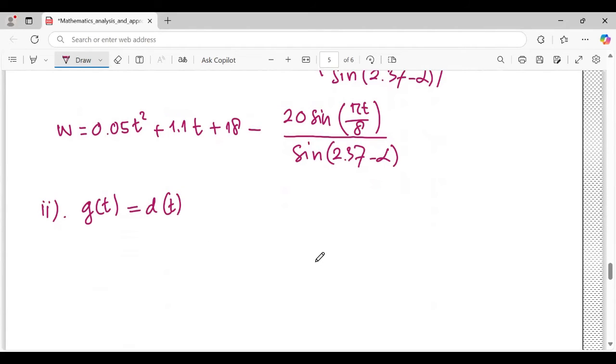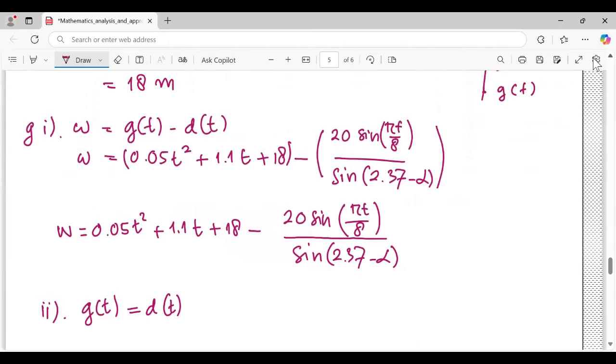If gt equals dt, it means W equals 0, because just now I have written that W equals gt minus dt.